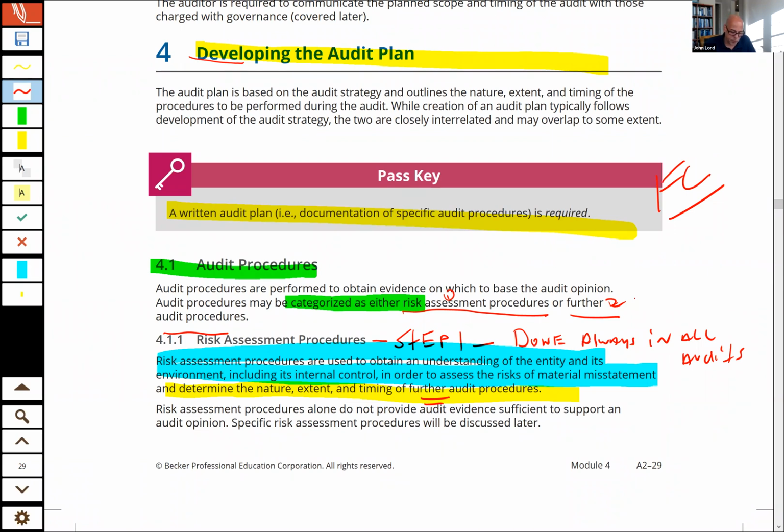Okay, risk assessment procedures. Obtain an understanding of the entity and its environment, including its internal control, in order to assess the risk of material misstatement, RMM. You must do that on every engagement, and whatever that assessment is will be used to determine the timing, extent, and nature of your further audit procedures.